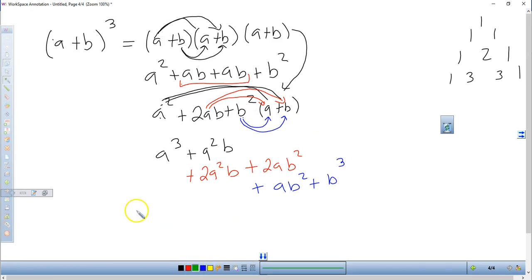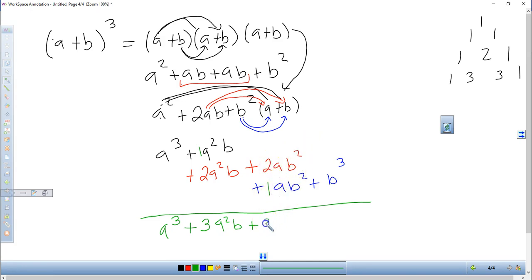Well, now, since I've got everything lined up, I can add everything going down. There's nothing to add with a cubed, so it stays the same. A squared b plus 2a squared b, that's 3 of them. Remember, this has got like a 1 in front. 2ab squared and 1ab squared.